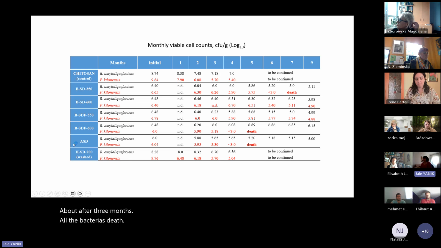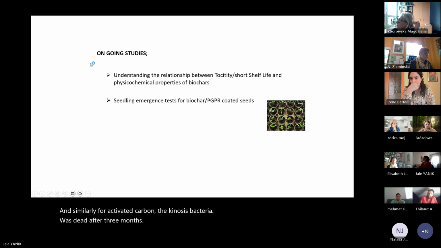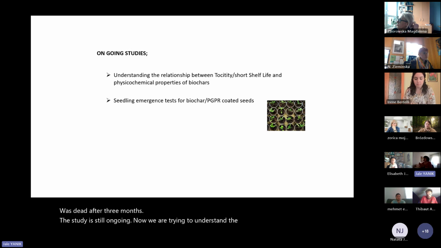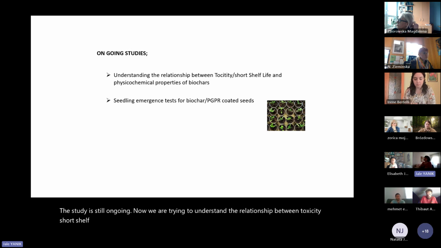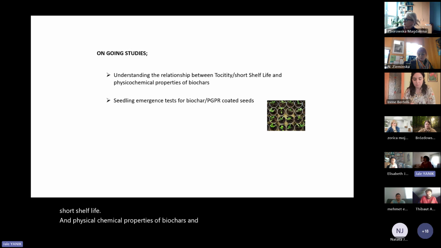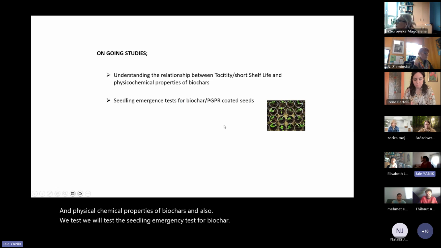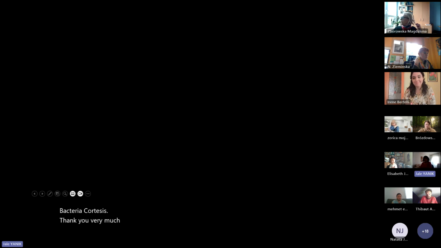And similarly, for activated carbon, the Kilonensis bacteria died after 3 months. The study is still ongoing. Now we are trying to understand the relationship between toxicity, short shelf life, and physicochemical properties of biochars, and also we will test the seedling emergence test for biochar bacteria-coated seeds. Thank you very much for your attention.